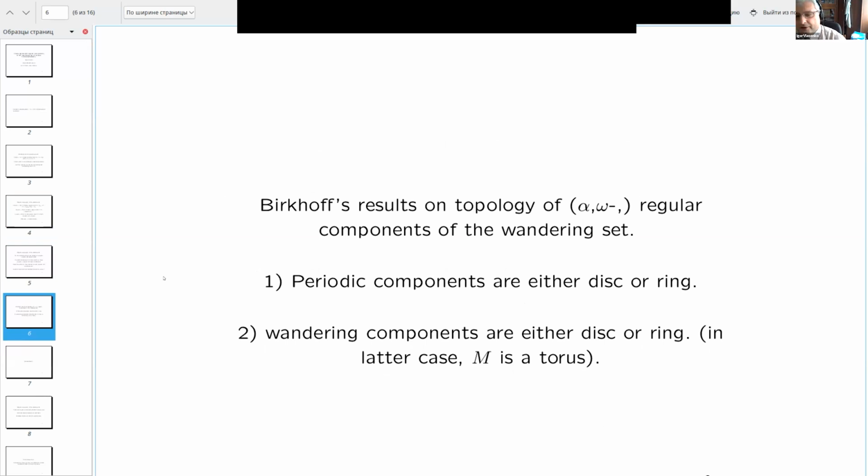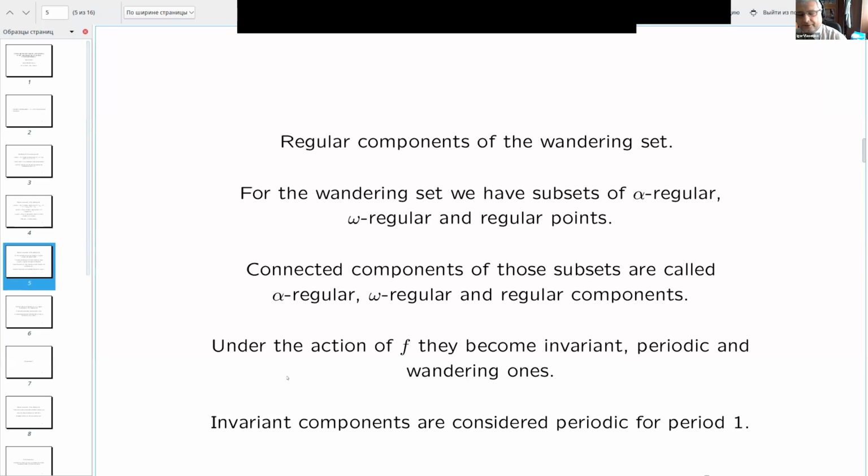Namely, we have connected components of the sets of alpha, omega, and regular wandering points, and we can act on those components using f.